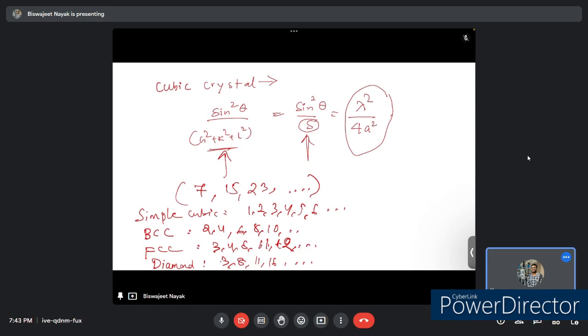Each set can be tried again and again, and if a set of integers is not found, then the substance involved doesn't belong to the cubic system, and we have to look for systems other than cubic, non-cubic systems like tetragonal and hexagonal.